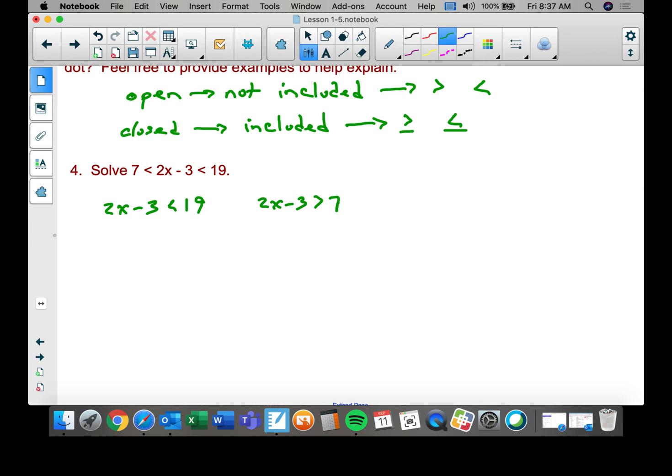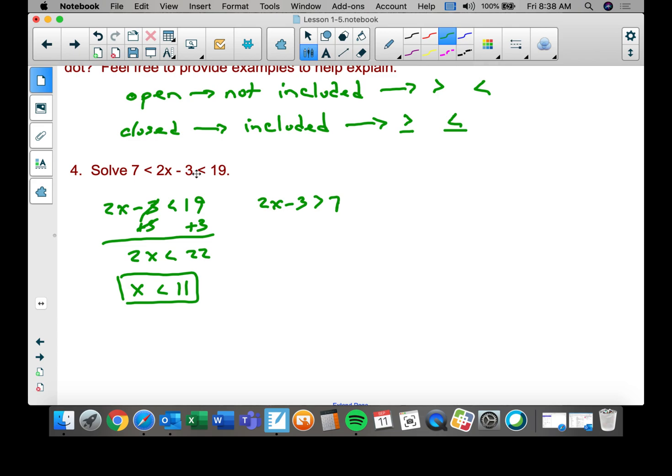And now I could go through and I could solve those inequalities separately. So we start on the first one, add the 3 to the other side, those cancel, get 2x is less than 22, divide both sides by 2, and we find out that x is less than 11. Okay? So there's part of your answer. That's not your only answer because of the fact that we actually have 2 inequalities here.